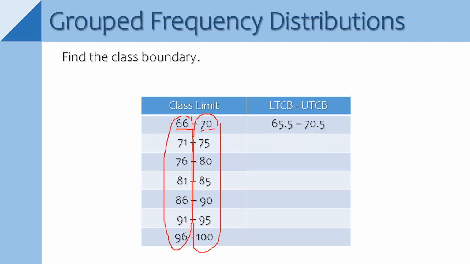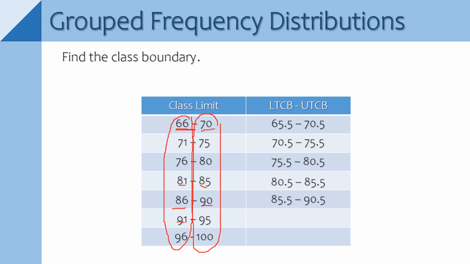65.5 up to 70.5. Okay, next, 71 minus 0.5, then 75 plus 0.5, so that is 70.5 up to 75.5. Next is 75.5 up to 80.5. Next, 81 minus 0.5, and then 85 plus 0.5, so we have 80.5 up to 85.5. So 86 minus 0.5, and then 90 plus 0.5, so we have 85.5 up to 90.5.